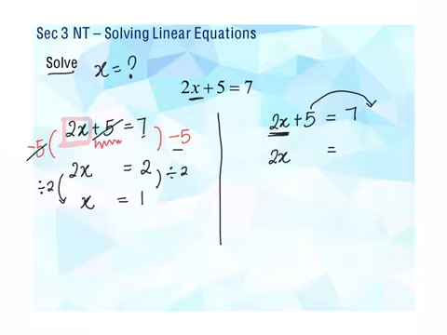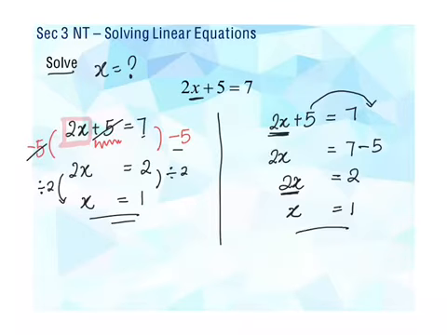From positive adding 5, I need to reverse the operation. That will be 7 minus 5, and we know that 2x equals 2. Then this operation here is multiplication, so I'm going to bring 2 over to the other side. We do the reverse of multiplication, which is division. I'm going to divide by 2 and that gives me 1. So the answer is x equals 1.